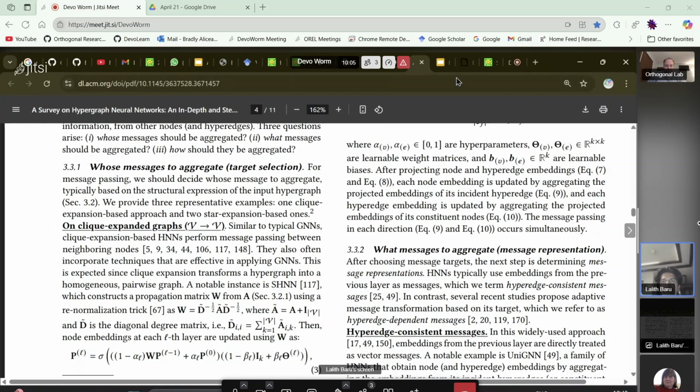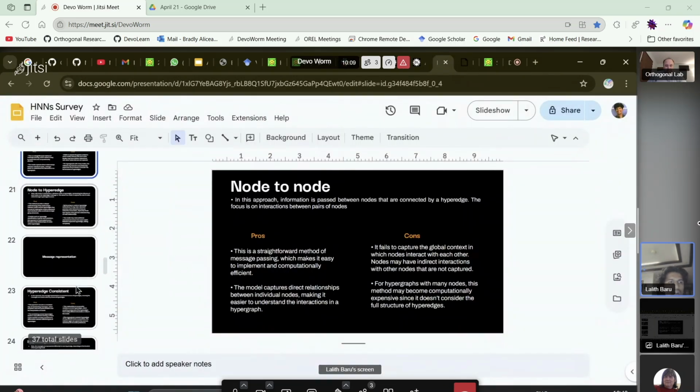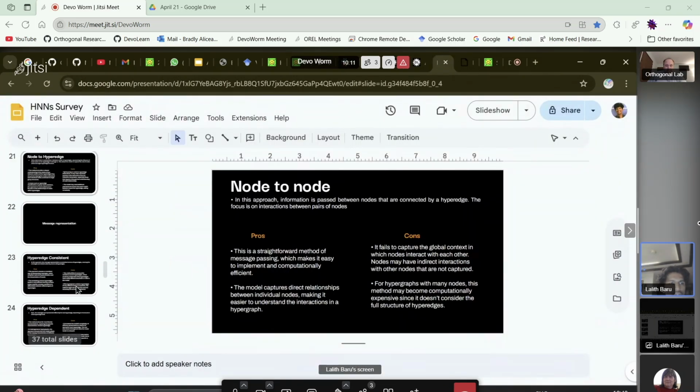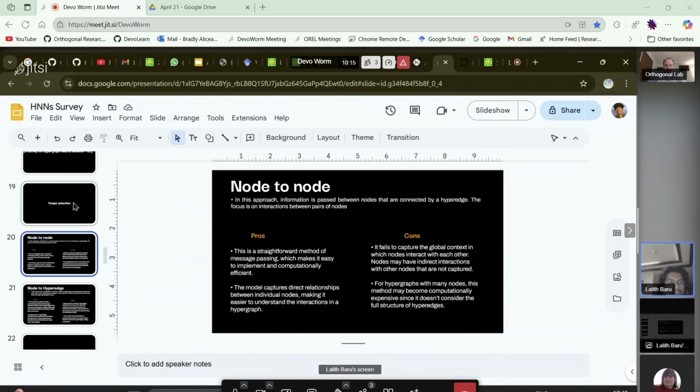And I would make some points about the pros and cons of this approach. In target selection, the information is passed between nodes connected by a hyperedge and focuses on the interaction between pairs of nodes.